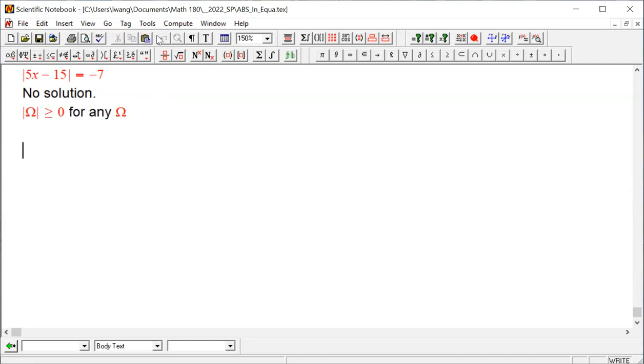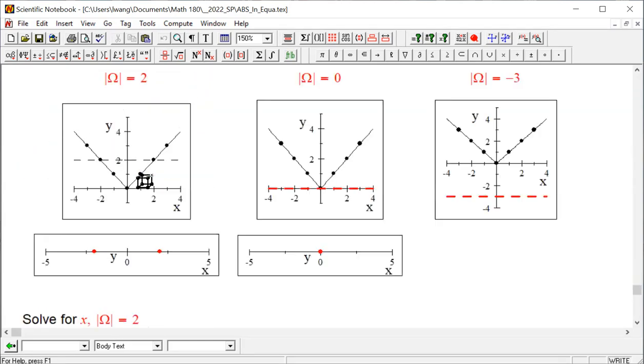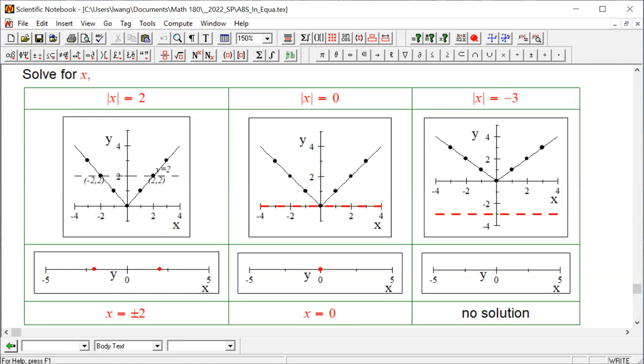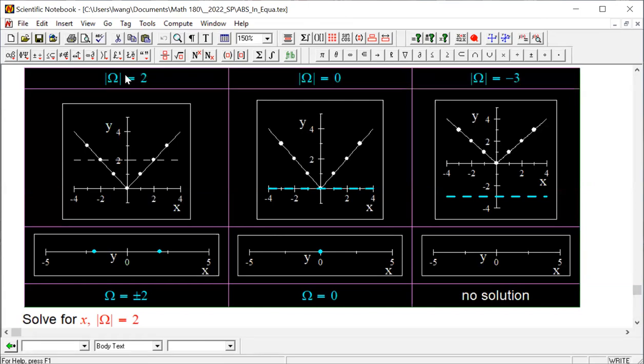Are there other situations in solving absolute value equations? Absolutely, but most of them we have categorized here.